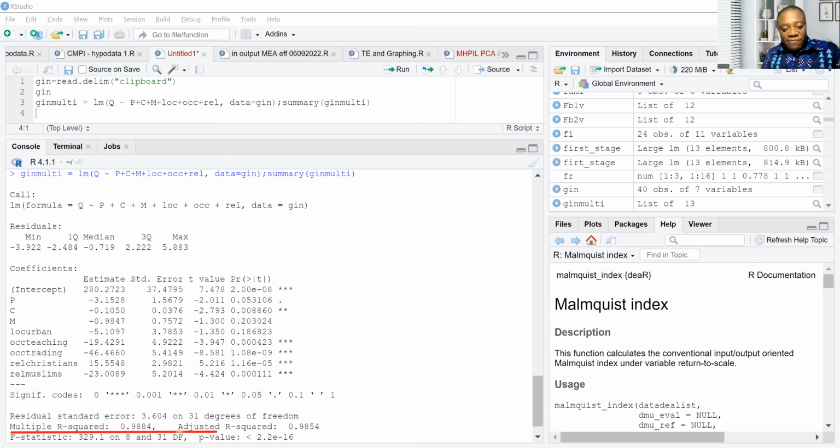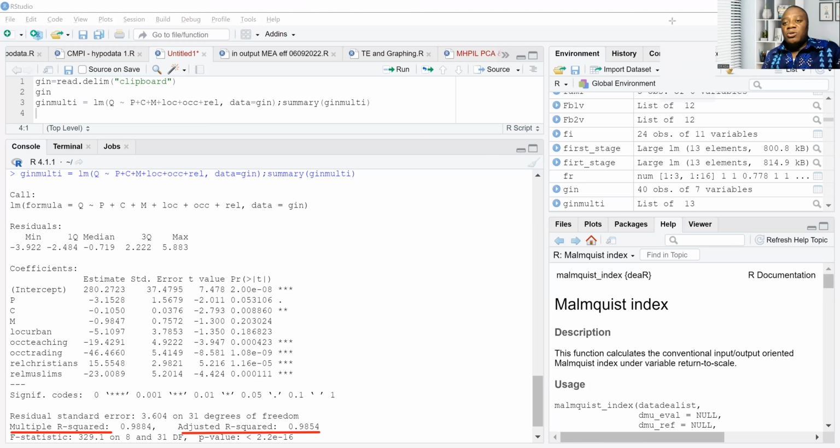The adjusted one follows the multiple one. The multiple R squared is the same as the R squared, and that is what you use to determine whether the regression model is well fit.